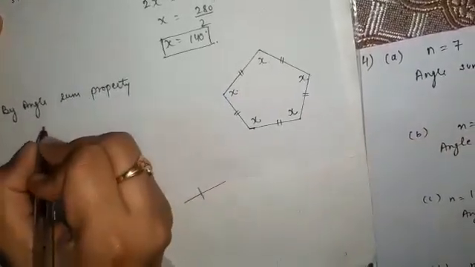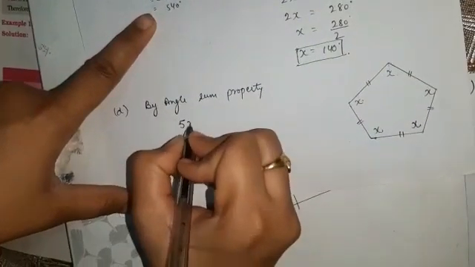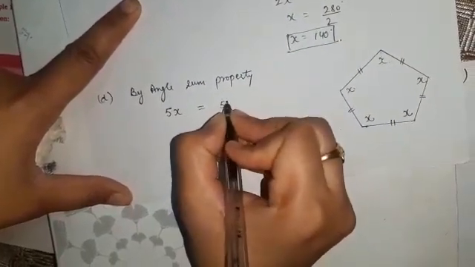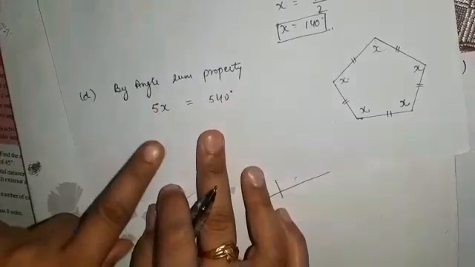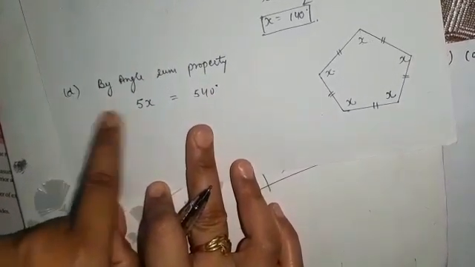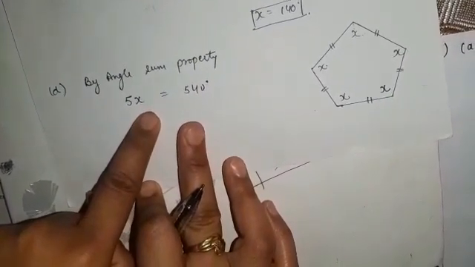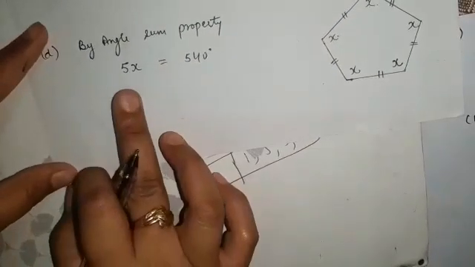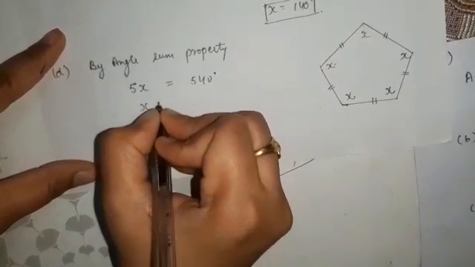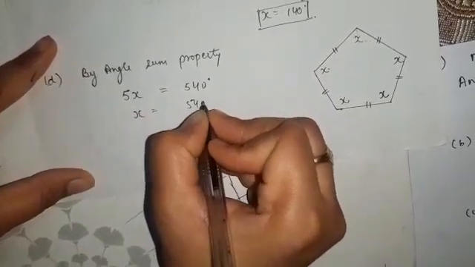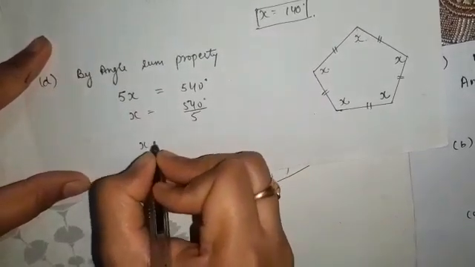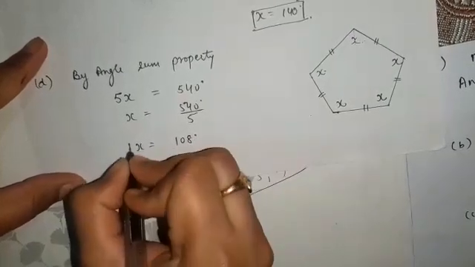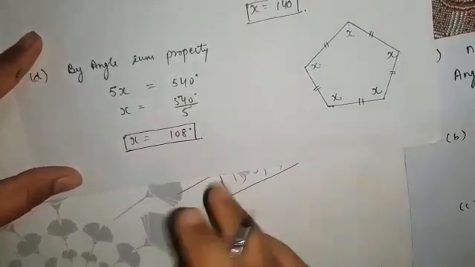So directly you can write down 5x is equals to 540 degrees, or you can write down the sum of 5 times x equals to 540, and in the next step it will become 5x. So x is equals to 540 degree upon 5, and x is equals to 108 degree. This is the value of x here.